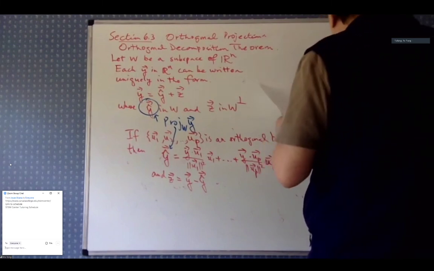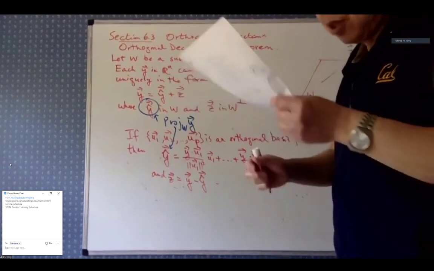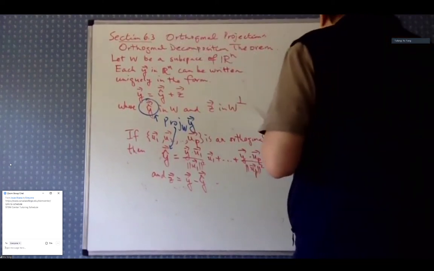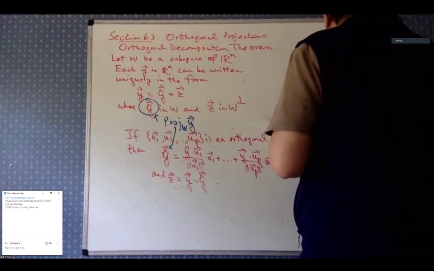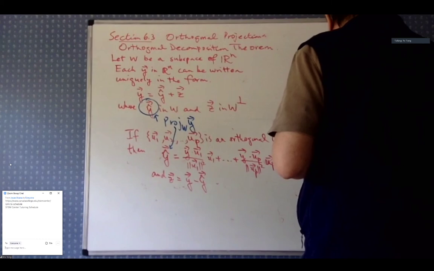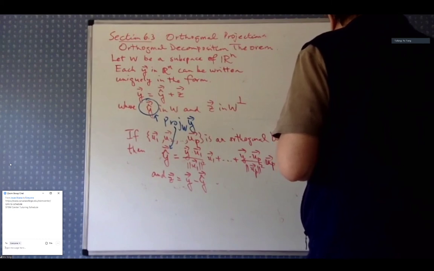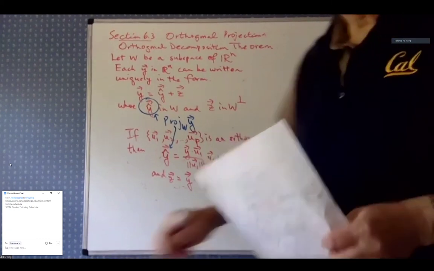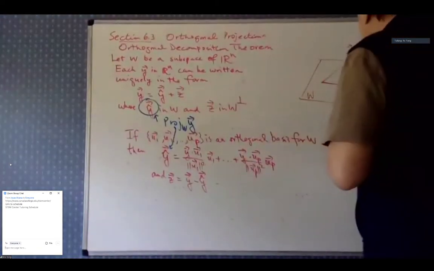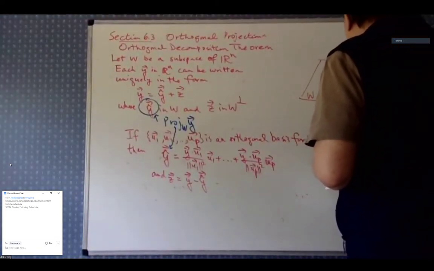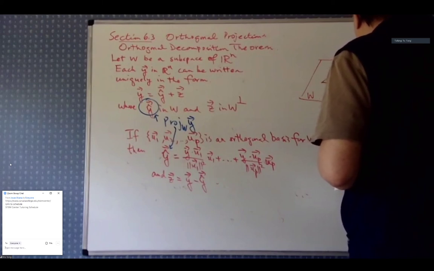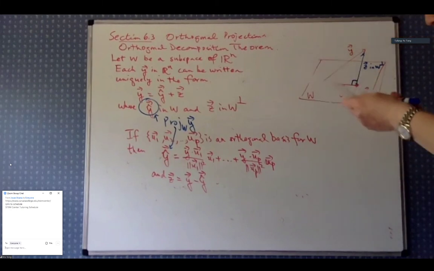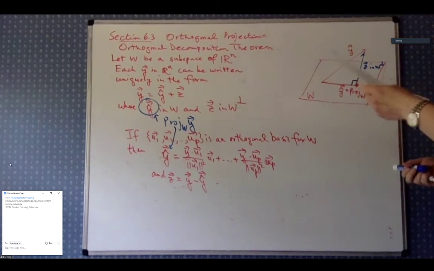You project it down here, you get your Y hat, which is equal to the projection of Y onto W. And then you get this guy Z in W perp.